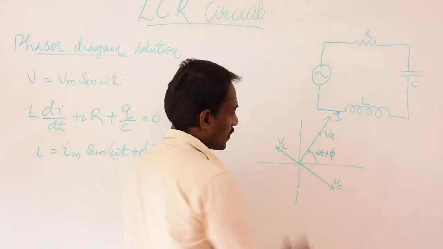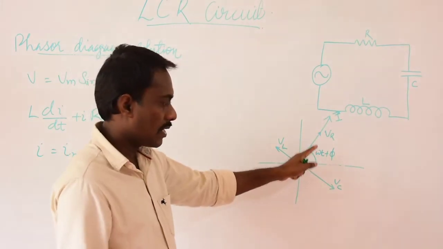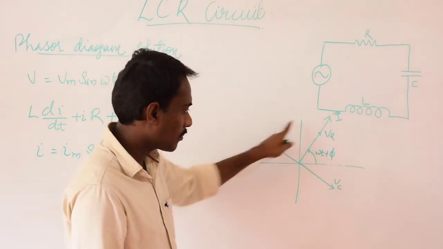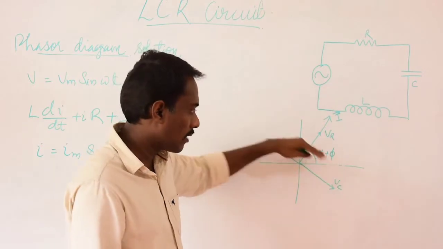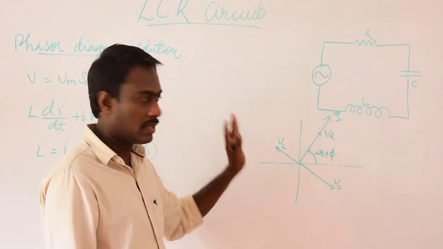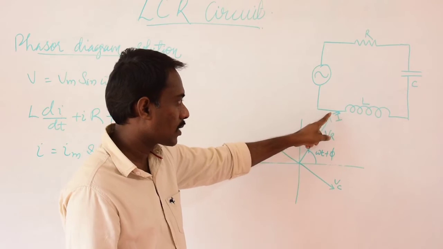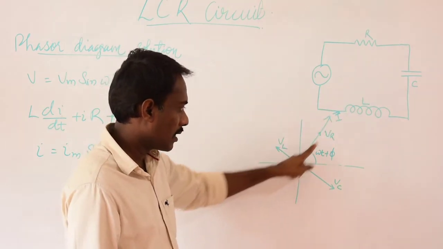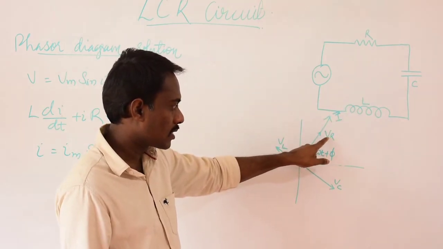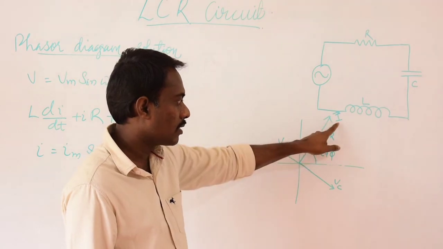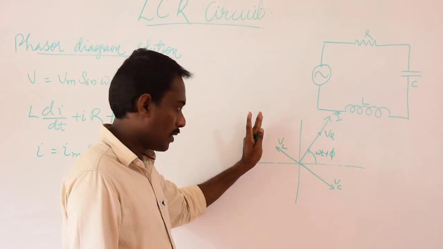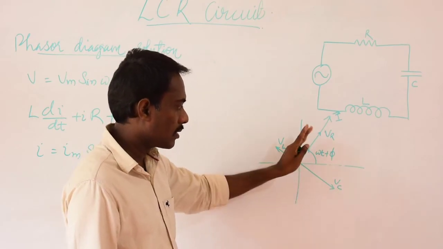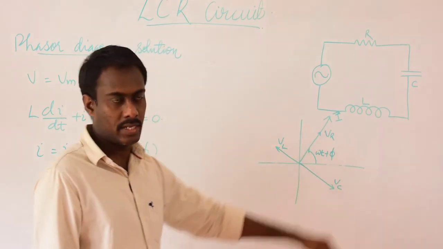So this is the phase difference between the current and the voltage across these three separately. When we connect them together, we get a phasor diagram like this. This is the current in the circuit. The voltage across the resistance is in the same phase as the current, for the inductor it leads by pi by 2, and for the capacitor it lags by pi by 2.